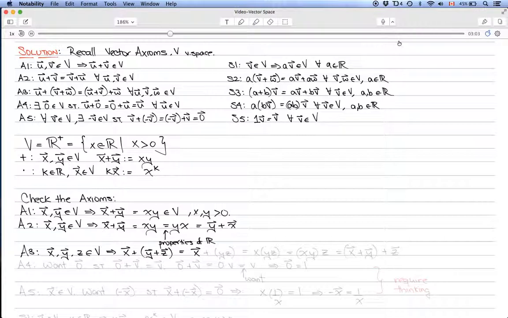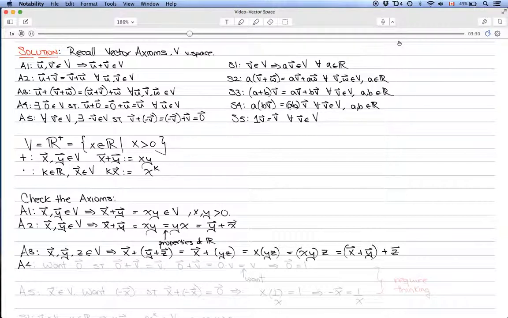This is the same thing as x plus y times z, which again, by definition, is equal to x times yz. And since the order of multiplication doesn't matter in real numbers, we can write this as x times y first, then z, and then again, unwinding the definition of addition gives us x plus y in parentheses plus z.